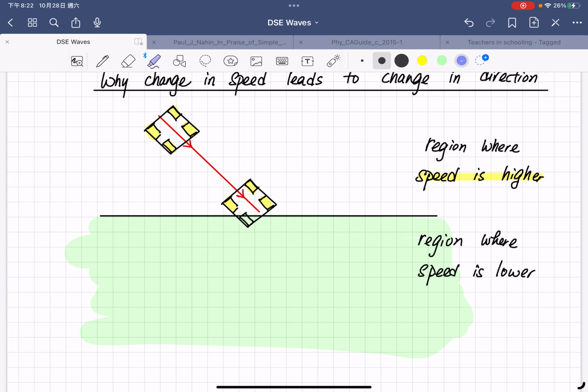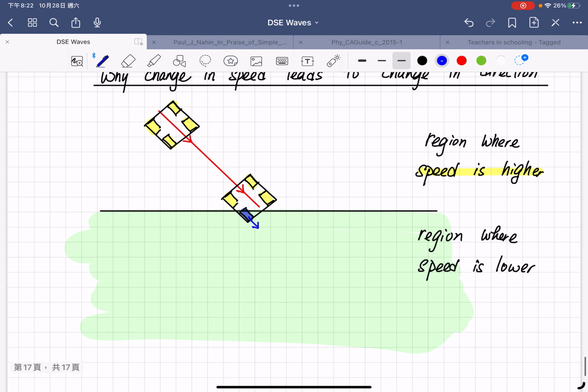But this wheel will enter the region where the speed is lower. So at the end, the wheel in blue will travel a smaller distance as compared to the wheel in yellow.